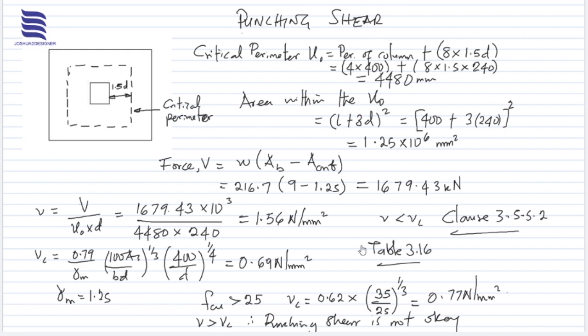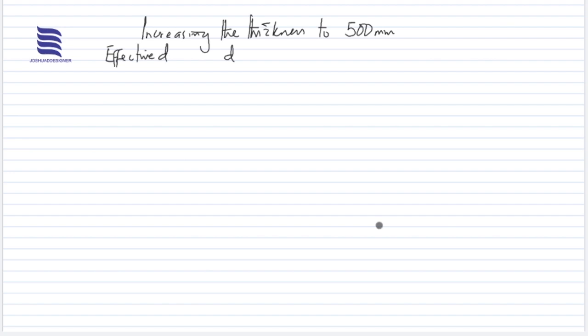So to do that, simply, if you increase the thickness to about 500 mm, our effective depth D will be equals to 500 minus the cover minus the reinforcement divided by 2. Then we have 440.